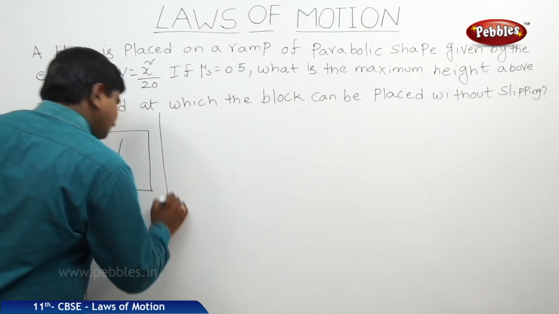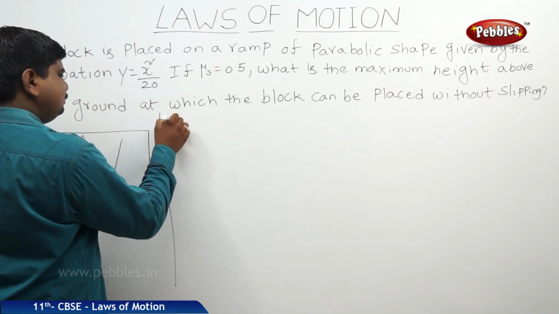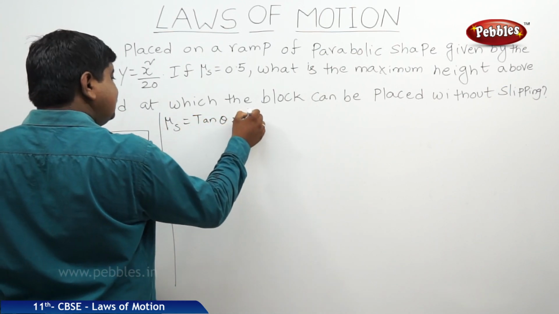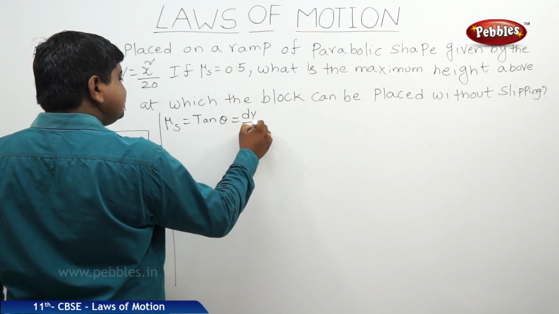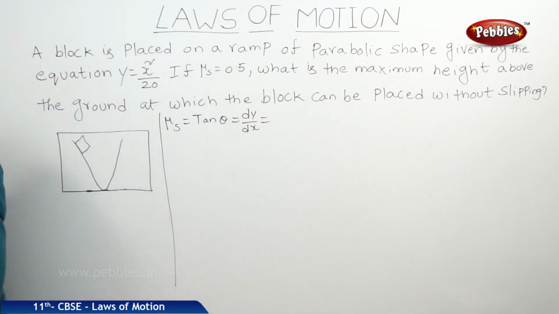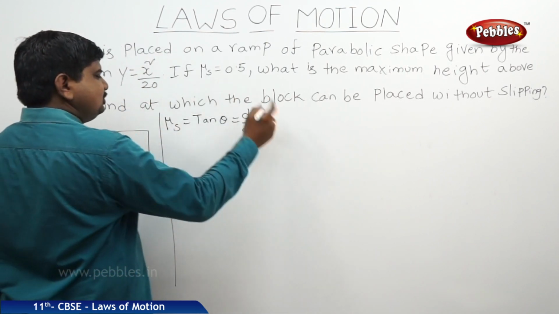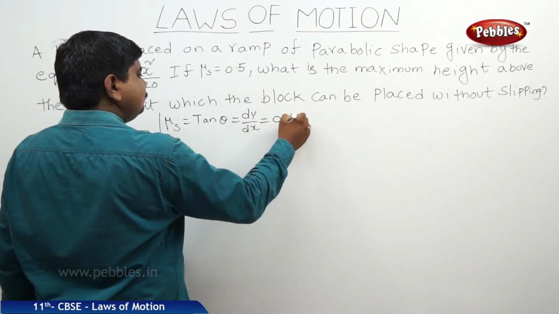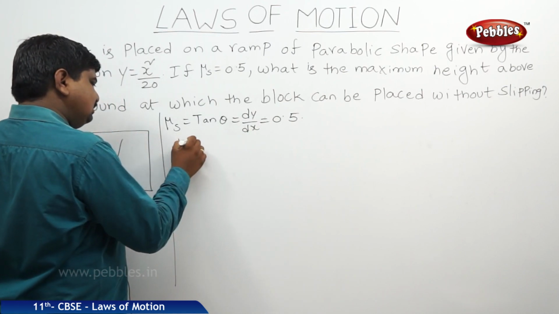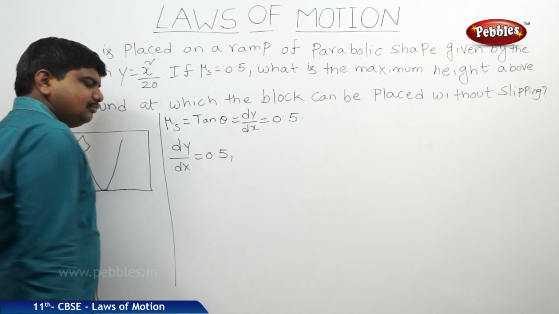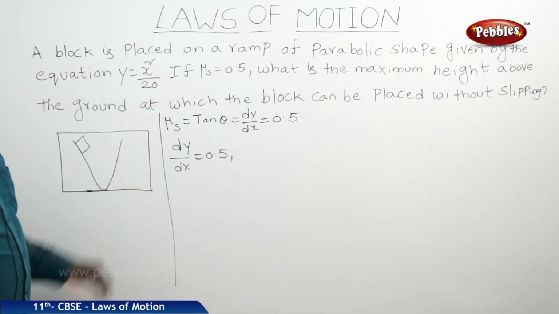So we know that mu s is equal to tan theta is equal to dy by dx. So this mu s is 0.5, nothing but dy by dx is 0.5, but y is equal to x square by 20.